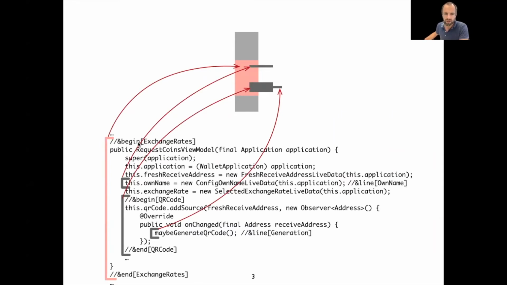In that case, the source code contains some marks to indicate where the feature exchange rate begins and where it ends. I also have some other marks that represent the nested interaction between the different features, and I can see where the nesting happens and how it happens.